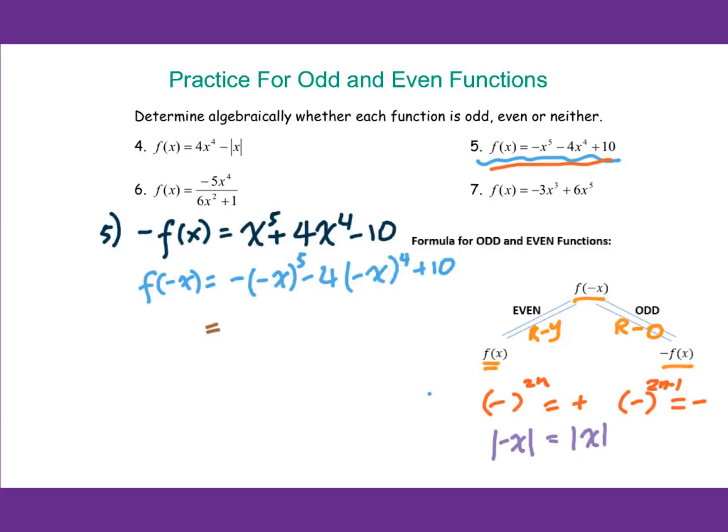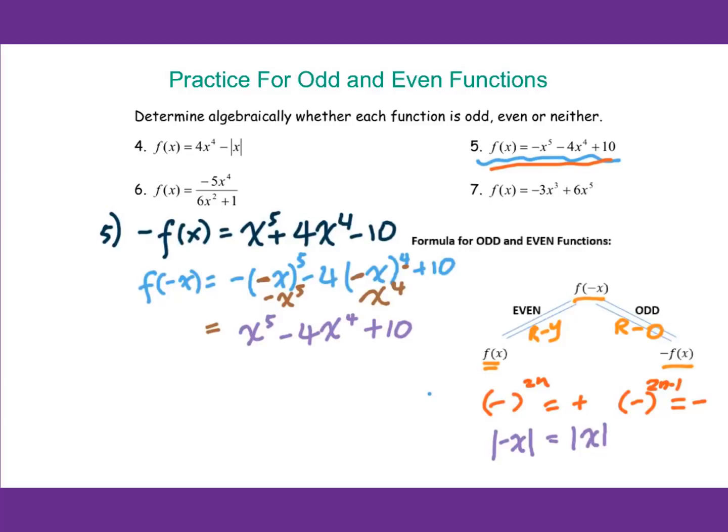A negative sign to the fifth power is still negative, so negative x to the fifth power. A negative sign to the fourth power is a positive x to the fourth power. Remember, you have to do exponents first. Then you will get negative, that's positive x to the fifth power, minus 4x to the fourth power plus 10.